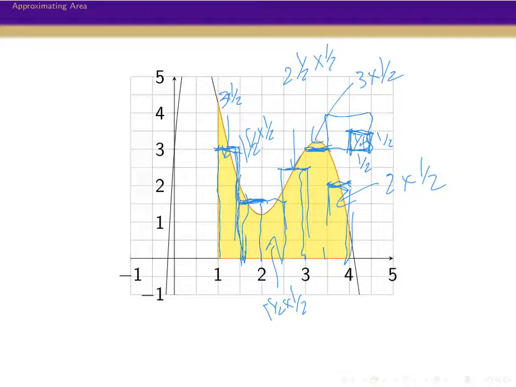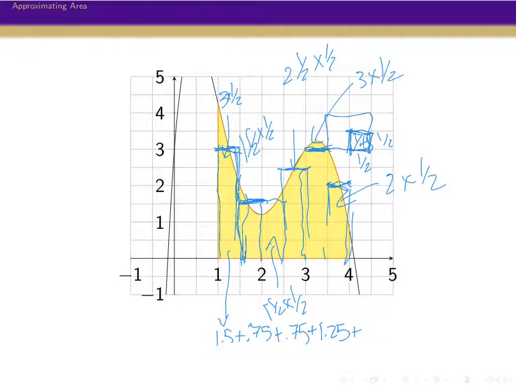And so the area of this rectangle, 3 by 1/2, would be 1.5 plus 1.5 times 1/2. So that's 3/2 times 1/2, so that's 3/4, which is 0.75. And the next one's the same. And then 2.5, so that is 5/2 times 1/2, so that's plus 1.25.